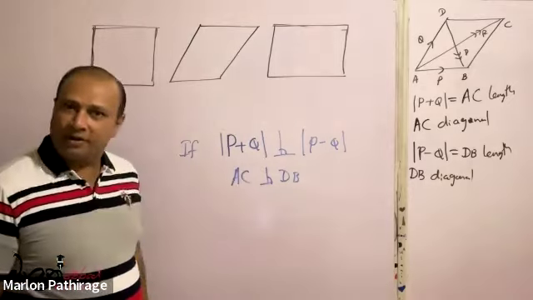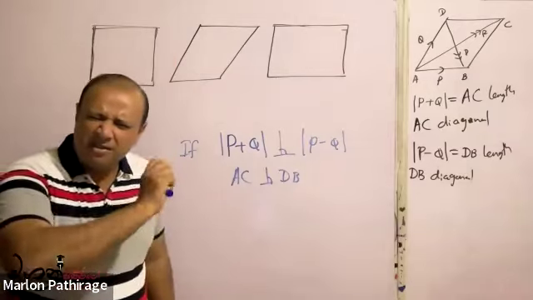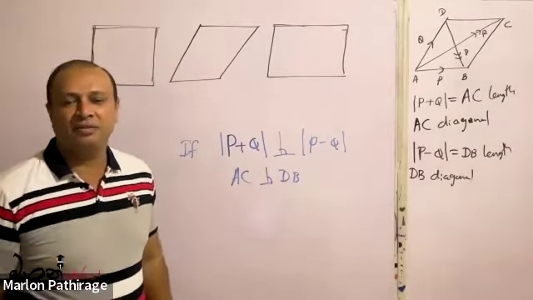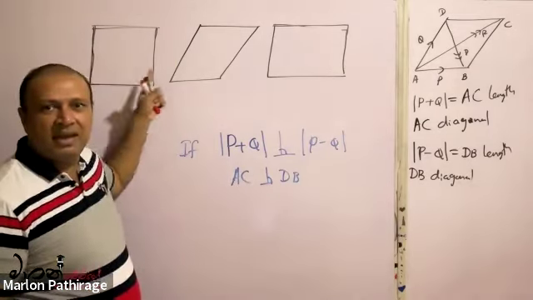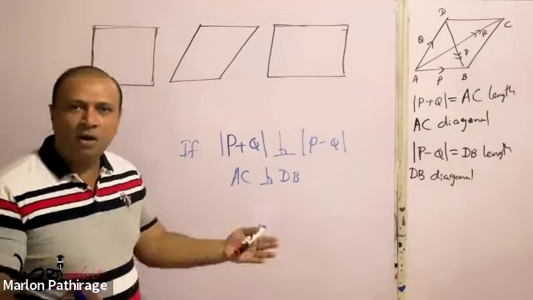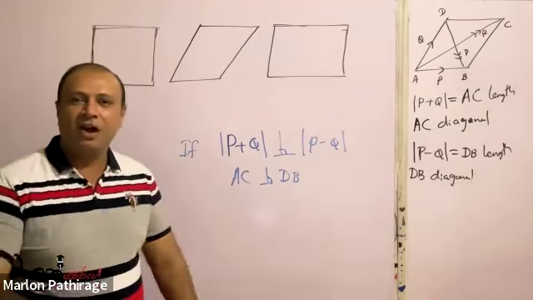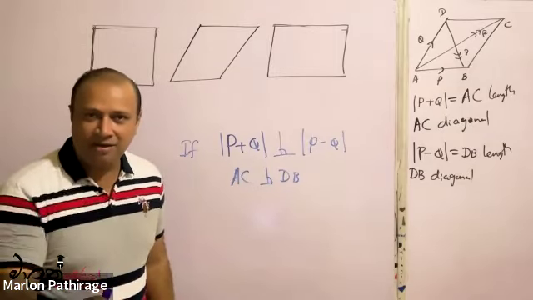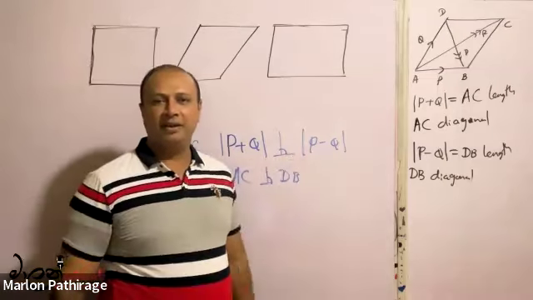Therefore you must know, as soon as you read the question, that these two vectors are equal in magnitude, because in a rhombus and a square all sides are equal in length. So without any calculation, you can understand these two vectors are equal in length.